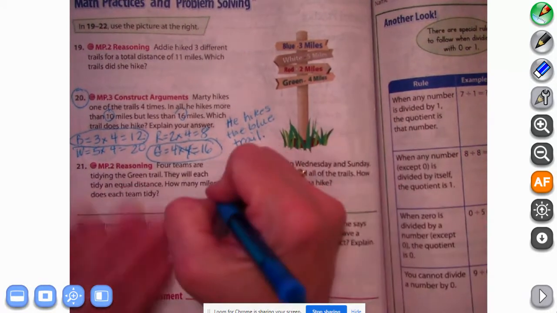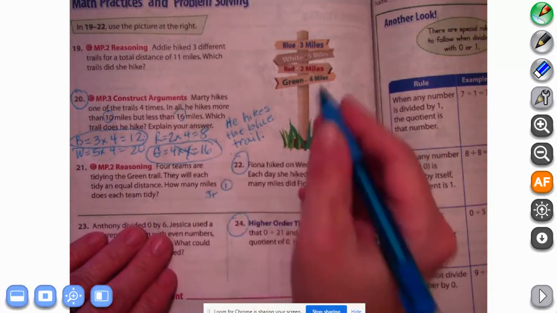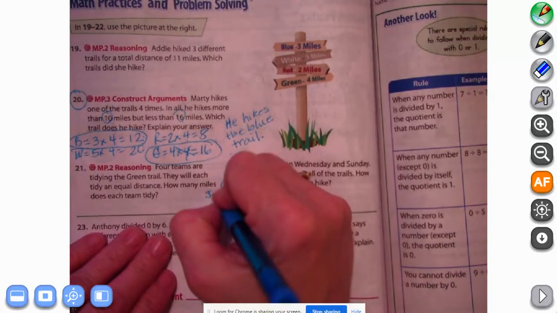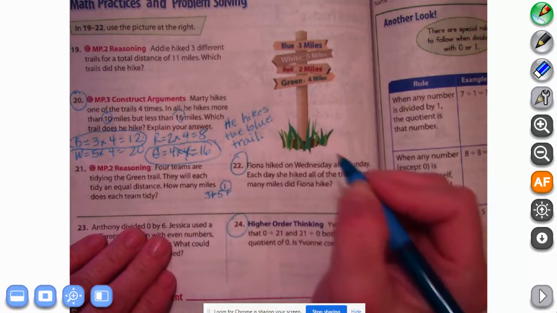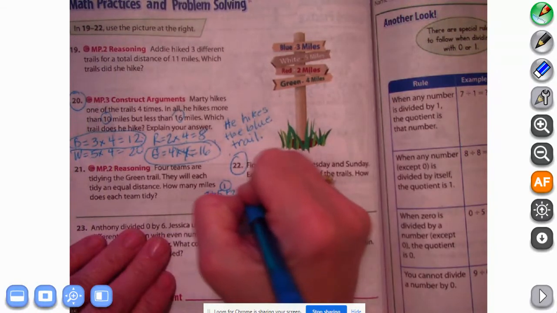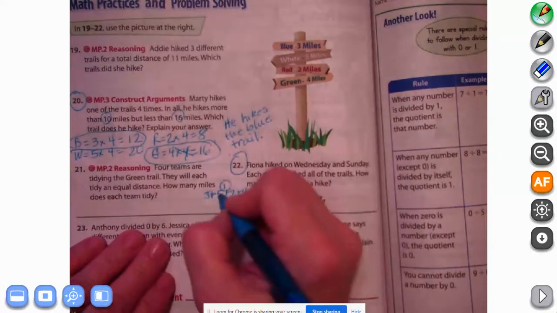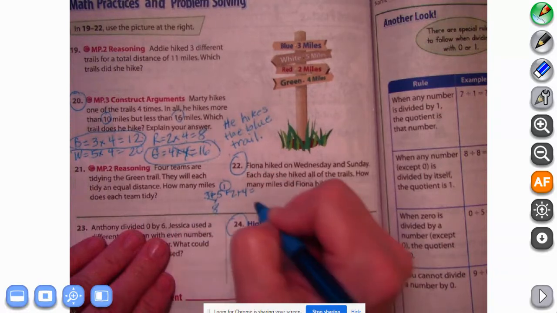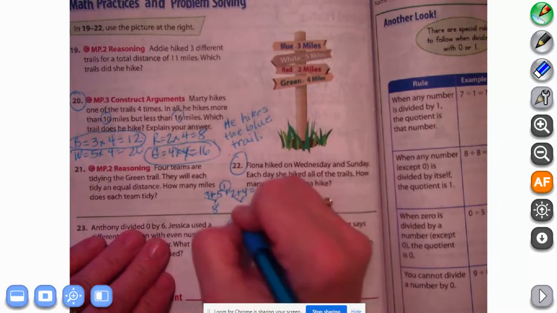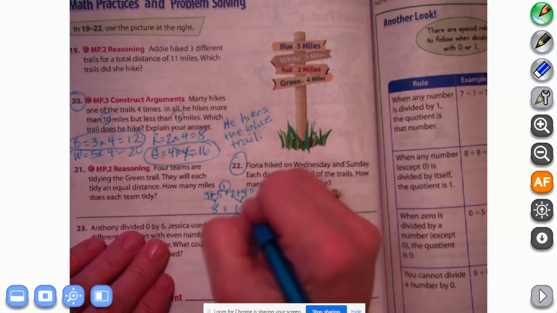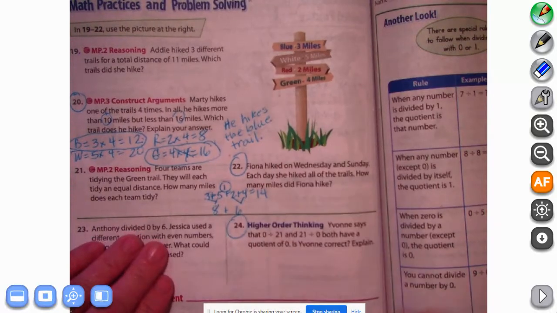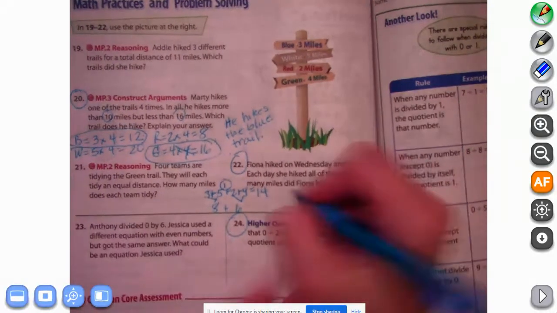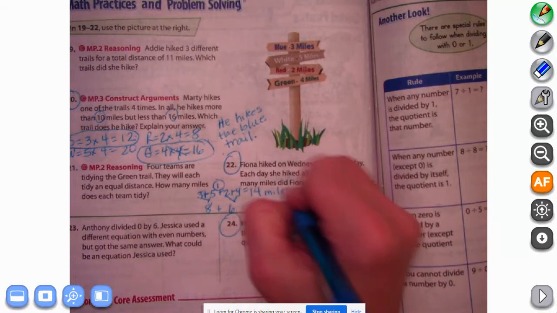Okay, so 3 plus 5 plus 2 plus 4. Well, these are 8, and these are 6, so that equals 14. She hiked 14 miles altogether.